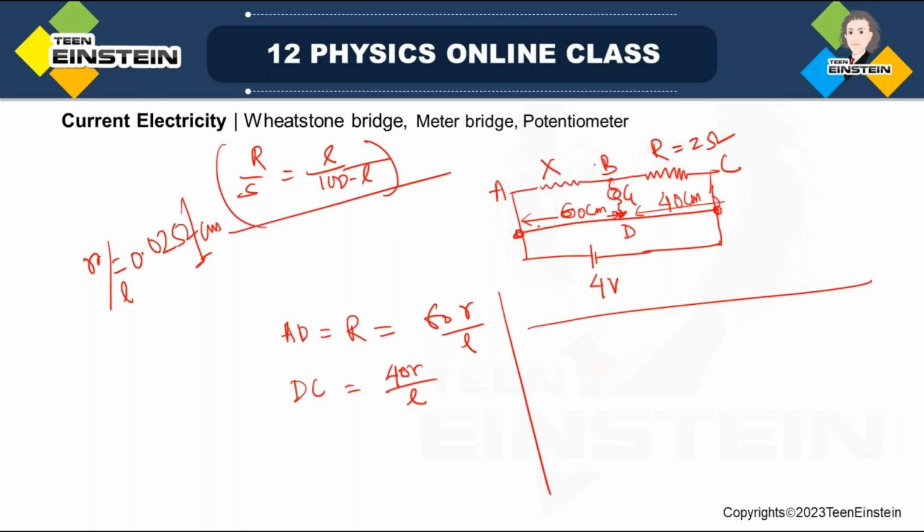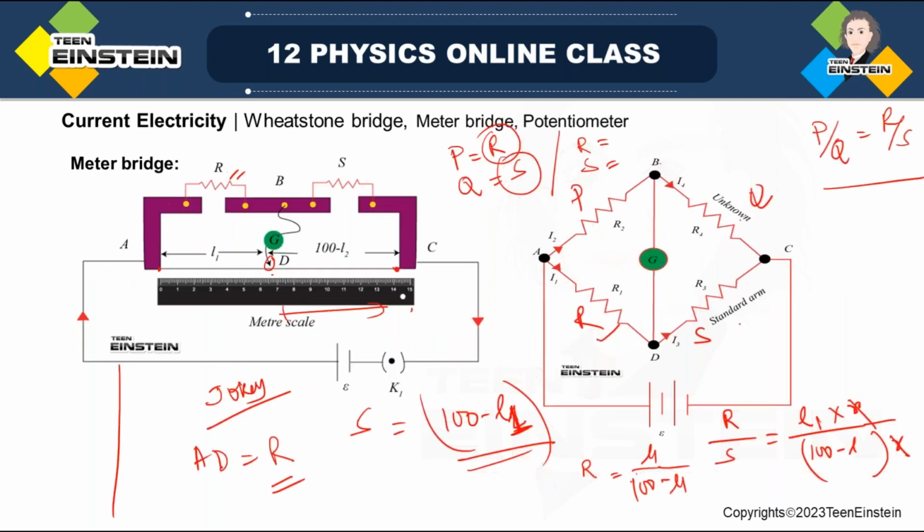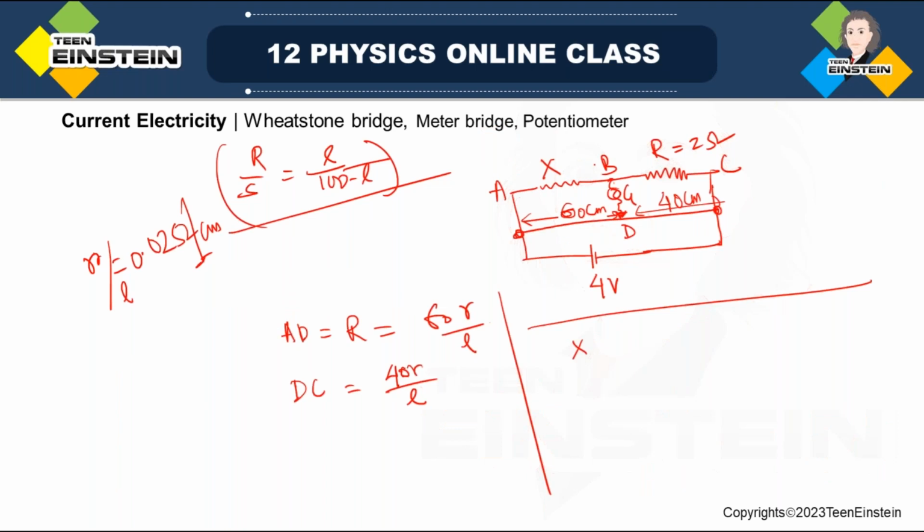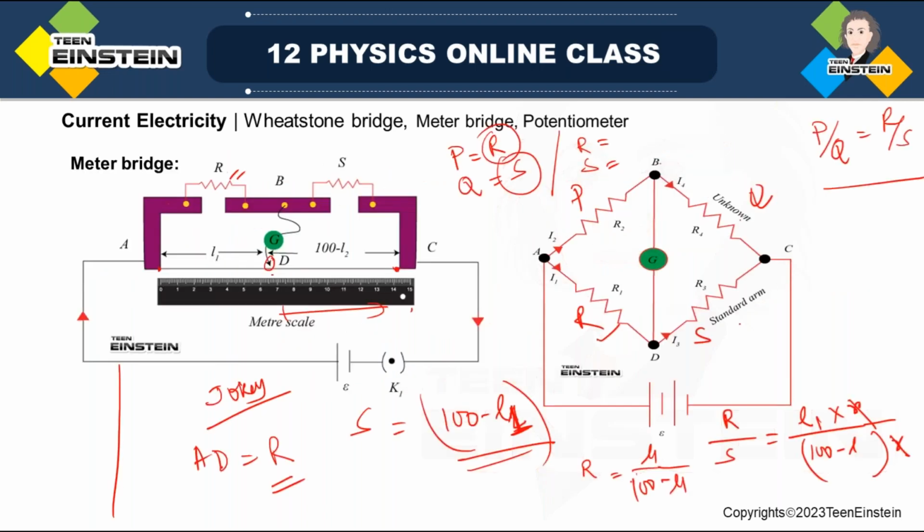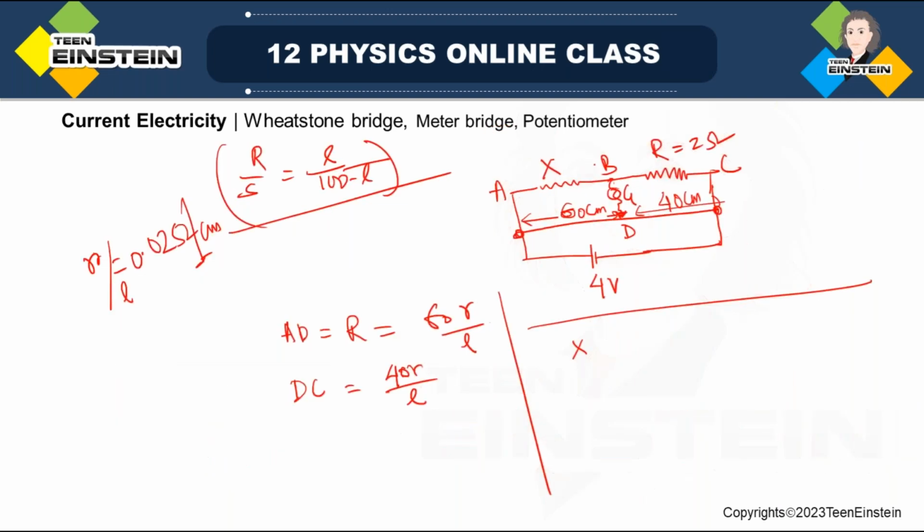At that time you have to find out the total current. So look here, between A and D is R. Between A and B is P, so X is actually P here.